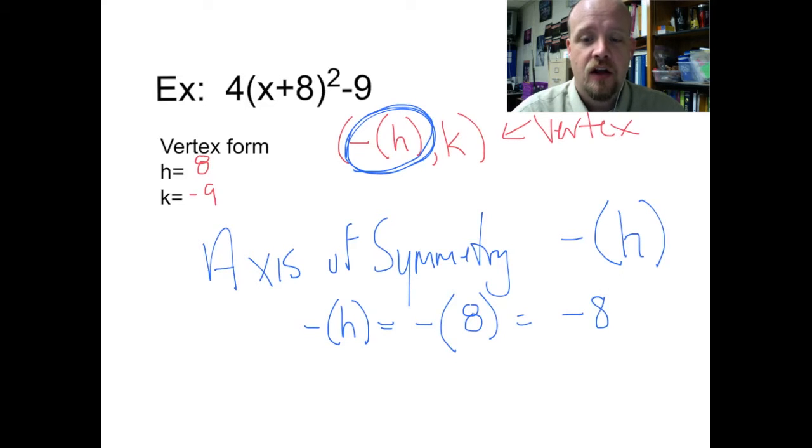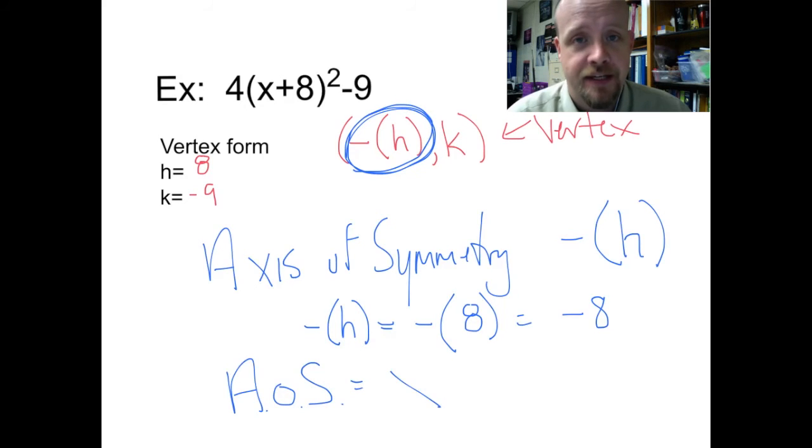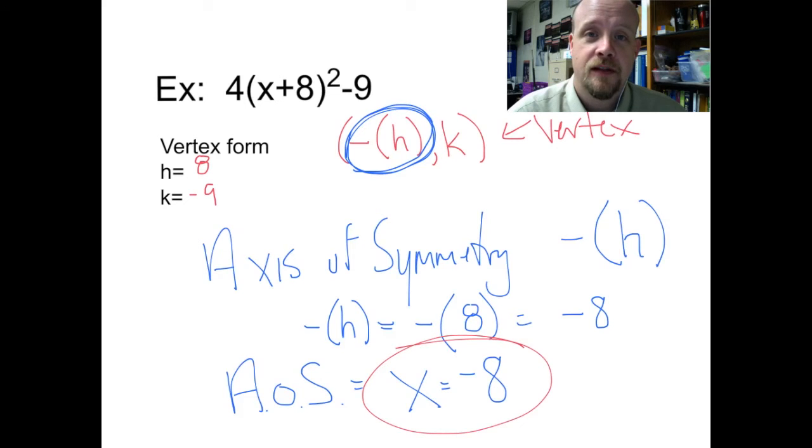So in the end, our axis of symmetry, or AOS to abbreviate, would be x equals negative 8. And there is your final answer. You can see it's really easy and fast to find the axis of symmetry from the equation, especially when it's in vertex form. Conversely, if you're finding a vertex, you're going to find the axis of symmetry in the process of finding that vertex.